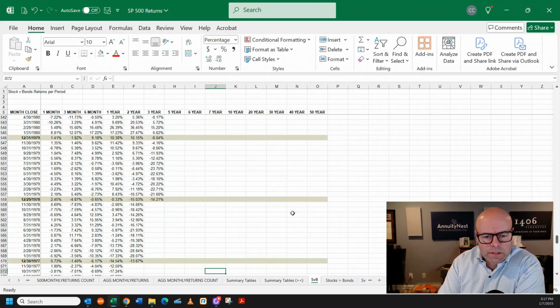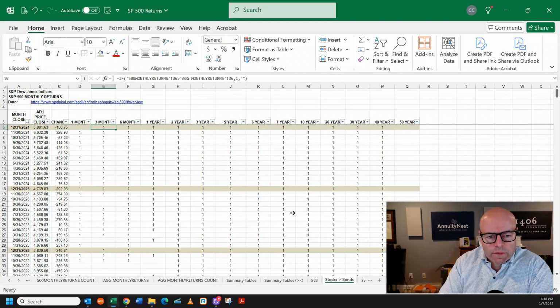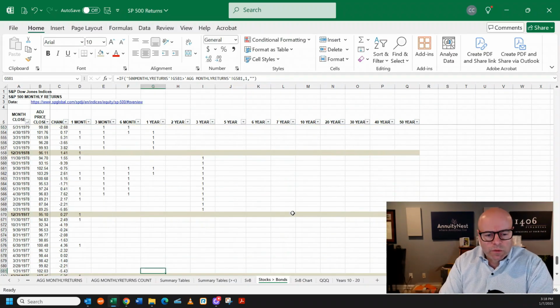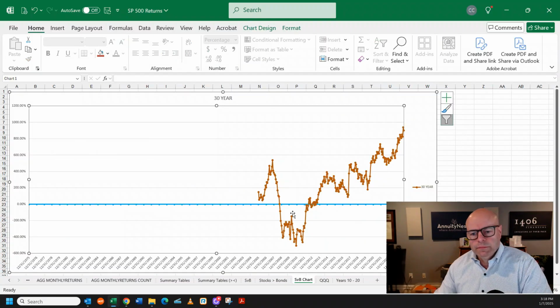You can see for the past 10 years, stocks have achieved 171% total return more than bonds. For 20 years, 300% greater return than bonds. This is just if stocks are better than bonds. And so then this is what's interesting. I created a graphical representation here.